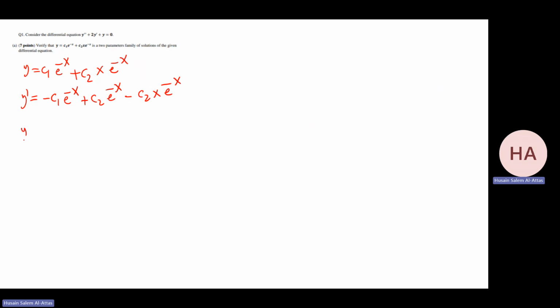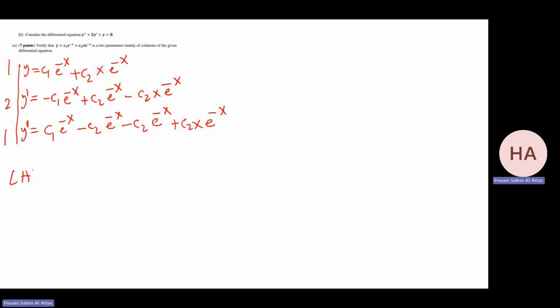Okay, y double prime will be what? C1 e to the minus x minus C2 e to the minus x, then from the product rule minus C2 e to the minus x plus C2 x e to the minus x. Okay, so this is times 1, this is times 2, this is times 1.